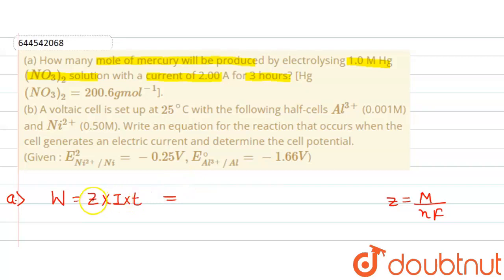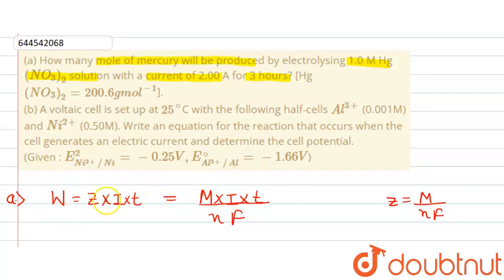So here if we put the value of Z, then we will get M into I into T divided by N into F. So this will be the value of the mass that will be produced.